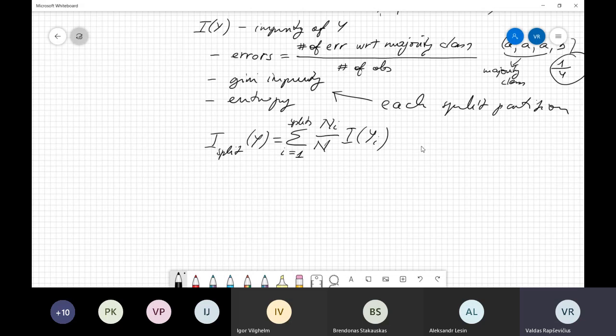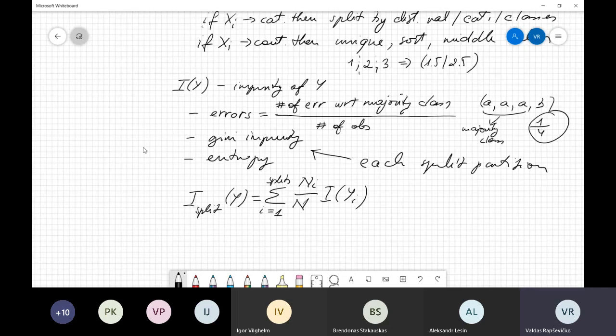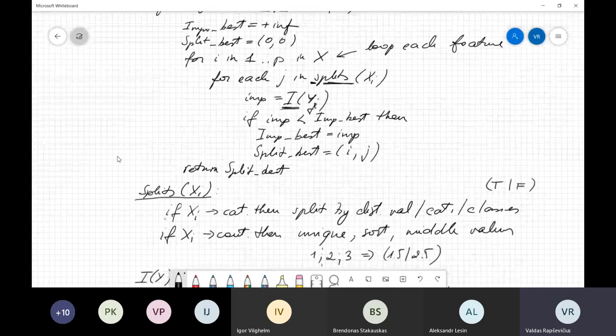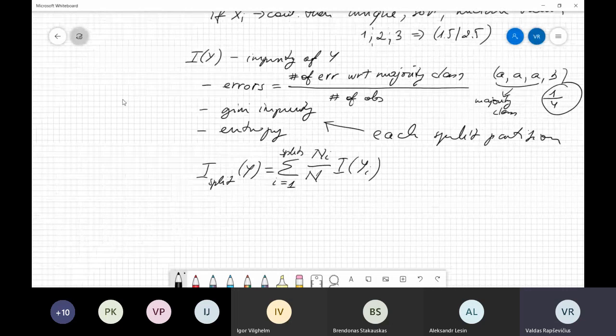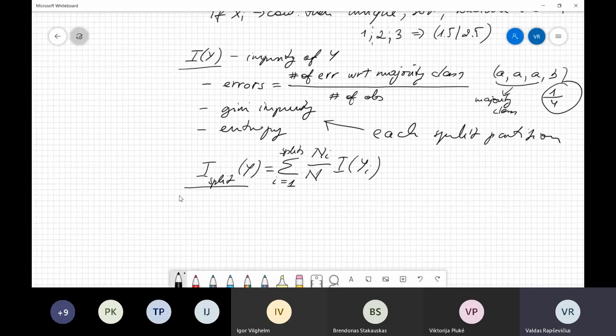So this is a normalized split impurity, but it's actually a single number for the split. This is what we calculate here: the impurity of the split.